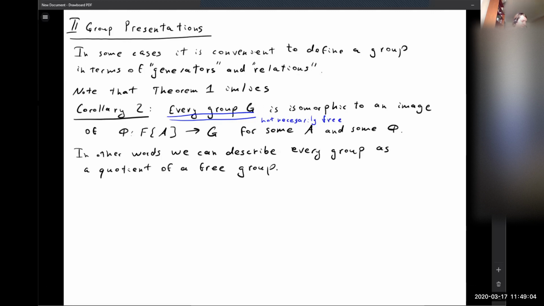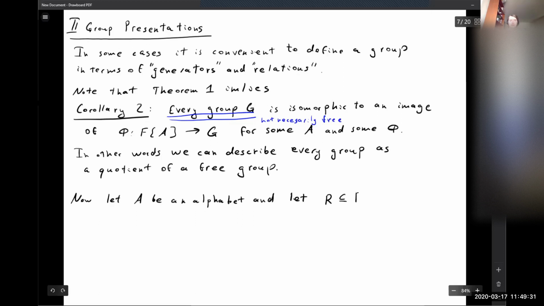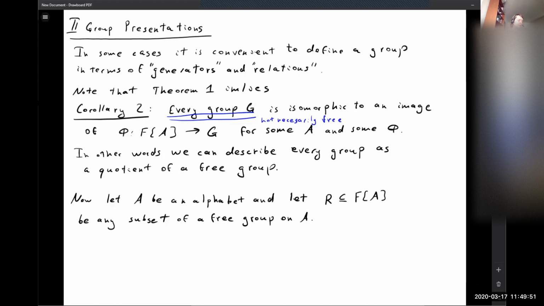Okay, so now let A be an alphabet and let R be any subset of a free group on A. So R is just some subset, consisting of different words.